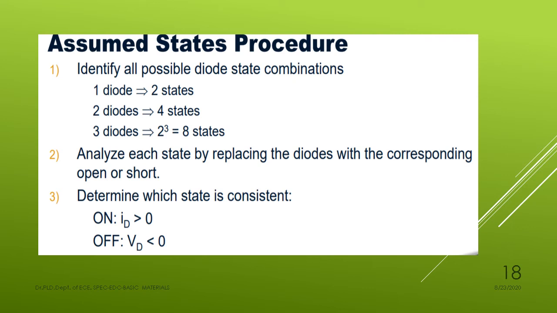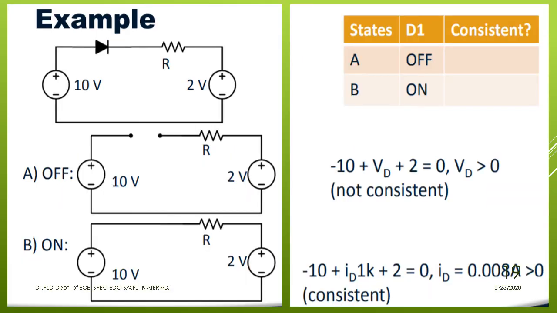If it is consistent, the diode current ID should be greater than 0 or Vd should be less than 0. That means in the on condition we have ID greater than 0, and in the off condition we have Vd less than 0. If either case is satisfied, we consider it consistent. If not, we consider it not consistent.